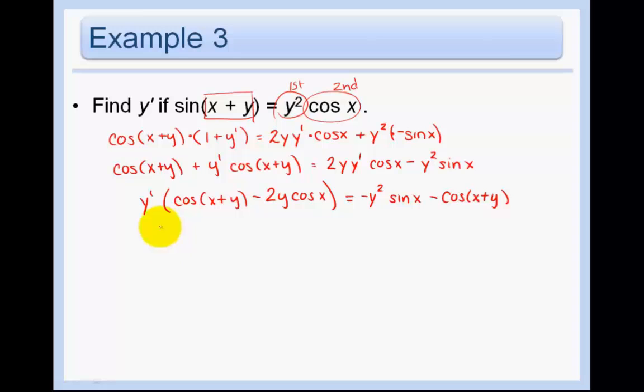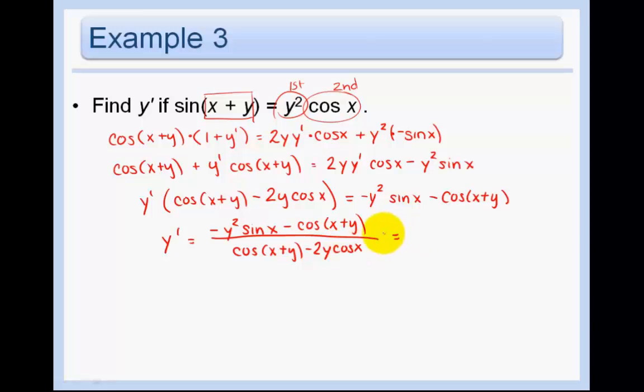And so we can solve: y prime equals negative y squared sine x minus cosine(x + y) all over the bottom. And so you may have gotten the other way around thing. If you don't want so many negatives, take a negative out of the top and a negative out of the bottom.